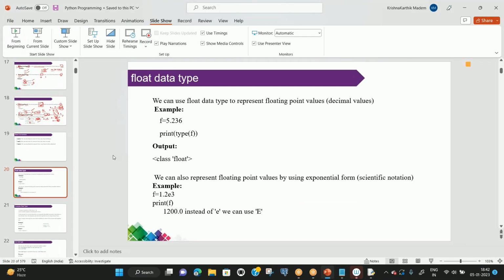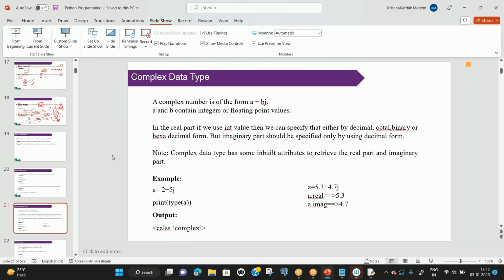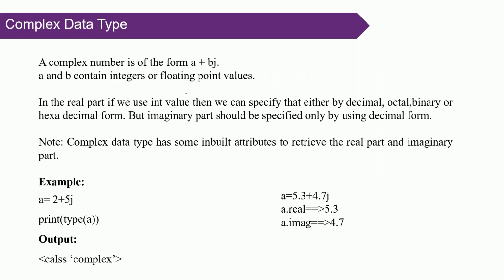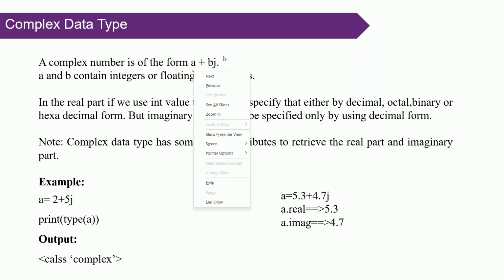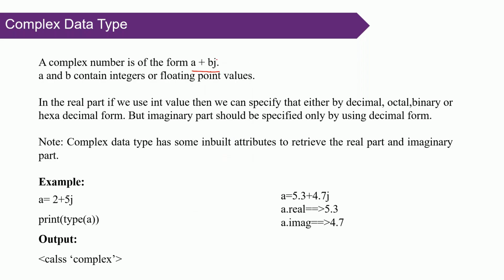And the last one in numbers is the complex data type. What is meant by a complex number? A number of the form a plus bj is called a complex number.